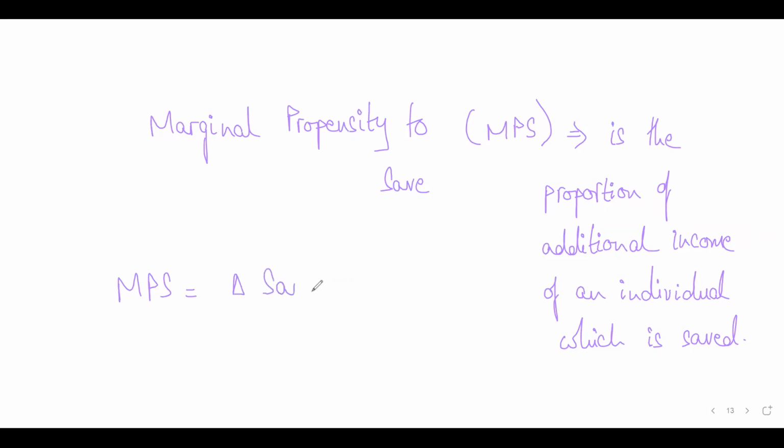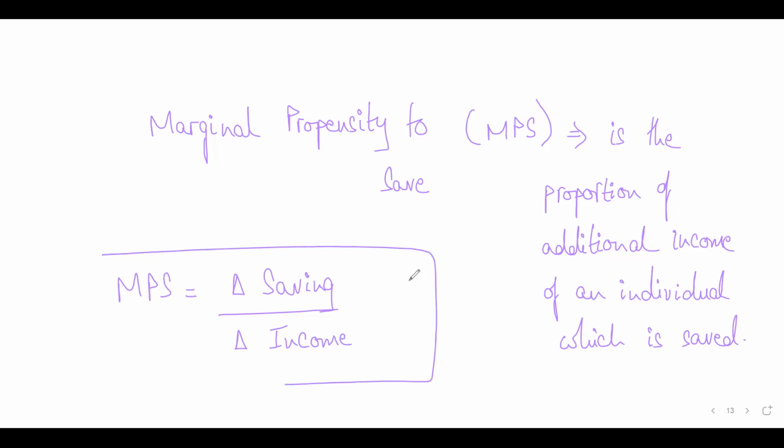By now you would be very familiar with this delta, which means change. Change in savings due to change in income is the way you calculate MPS. Does it make sense?